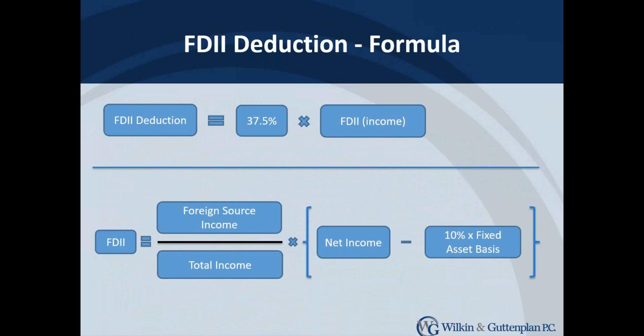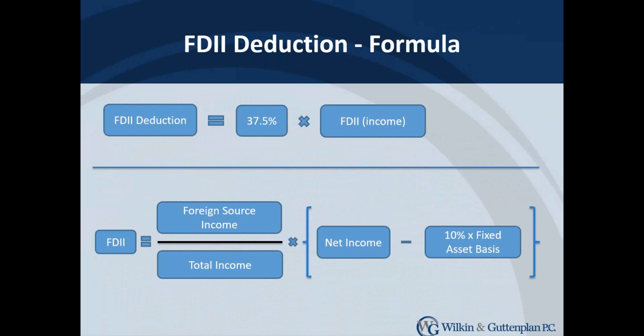What is foreign derived intangible income? And that's on this bottom portion of the formula. The foreign derived intangible income, in plain terms, is the excess of the corporation's net income over the 10% of fixed asset basis, which we talked about earlier in the GILTI deduction of the corporation, as a percentage of foreign source income versus total income.